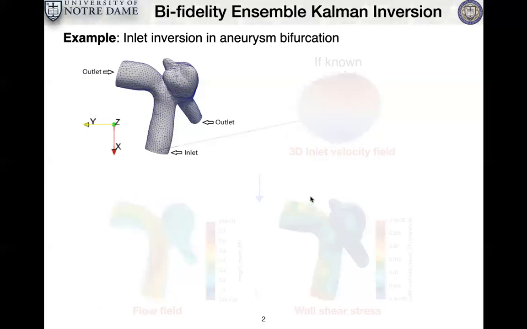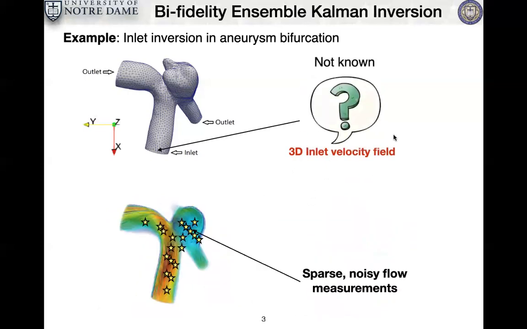But what if we don't know anything about the inlet velocity field? We only have the geometry of the model, and we have sparse and noisy flow measurements of the flow field. Those sparse and noisy flow measurements can be obtained from PC-MRI, which refers to phase contrast MRI.